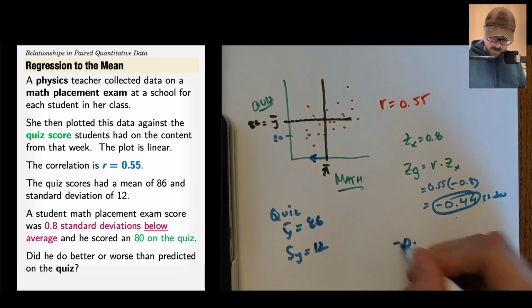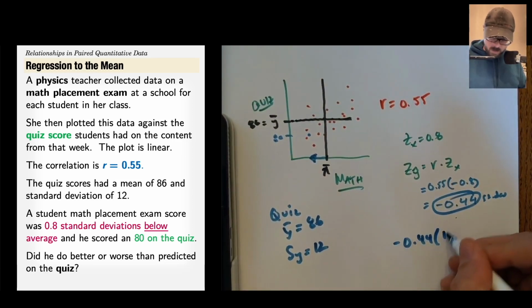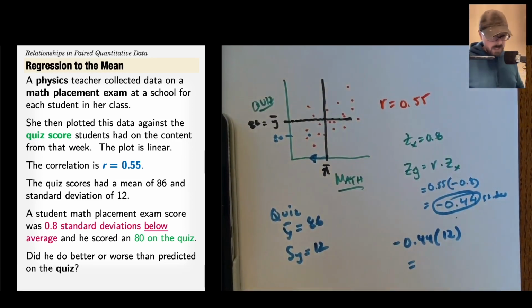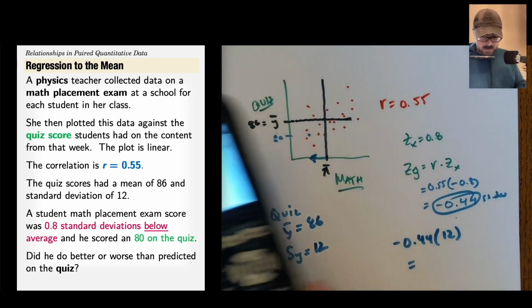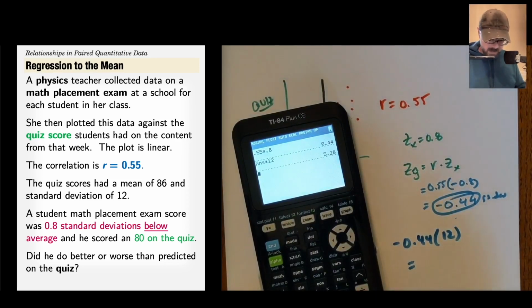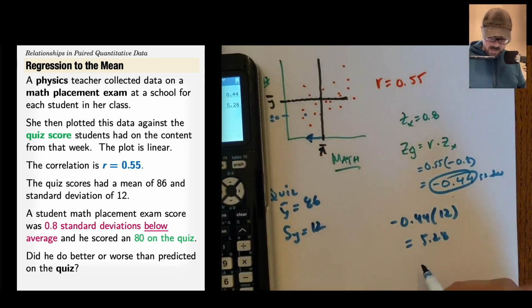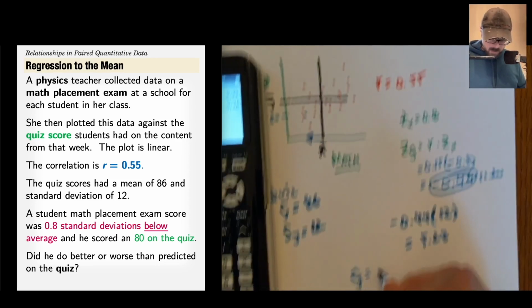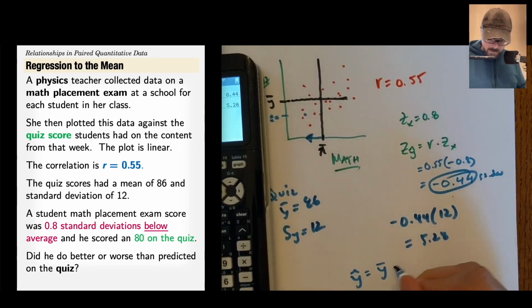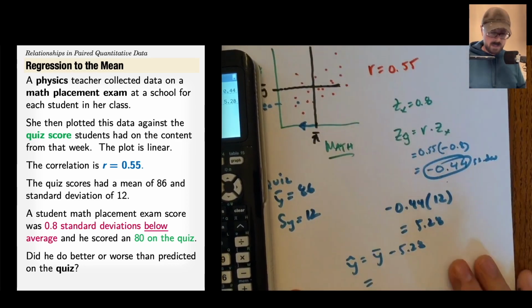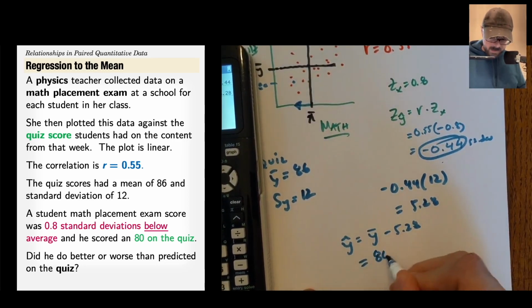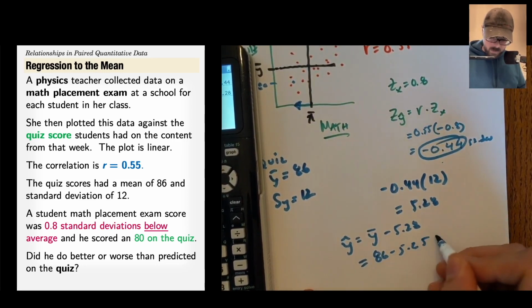Well, I could do negative 0.44 times 12, the standard deviation. 0.44 times 12 is 5.28. And so I'd predict that this student will be whatever the mean of y is, minus 5.28. In other words, I'm going to predict that this student is 86 minus 5.28 points.